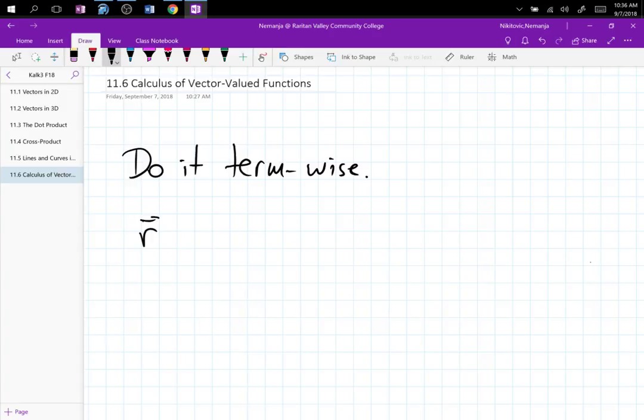So, vector r of t is called a vector-valued function because we have f of t, g of t, and h of t.